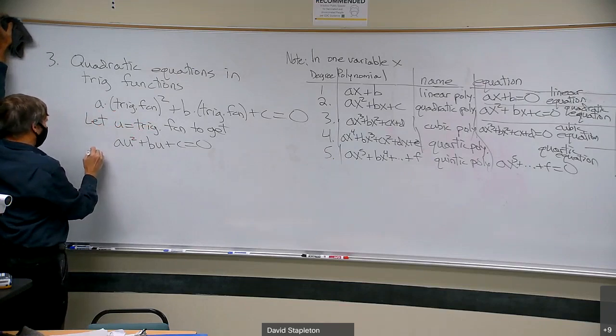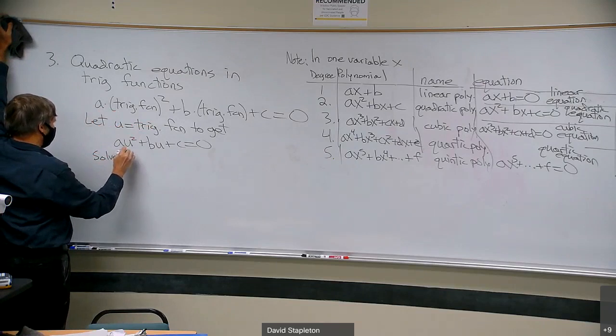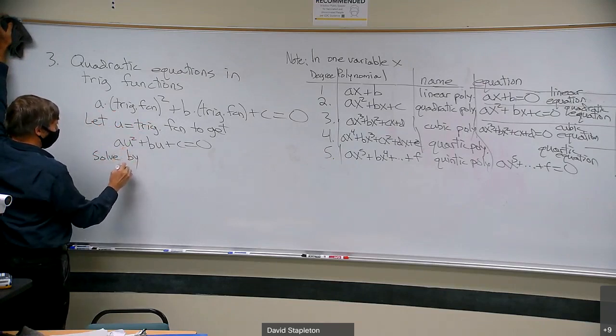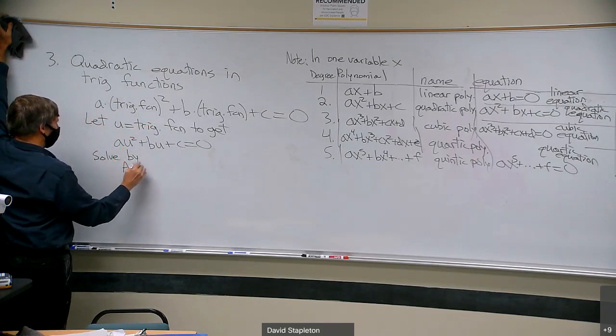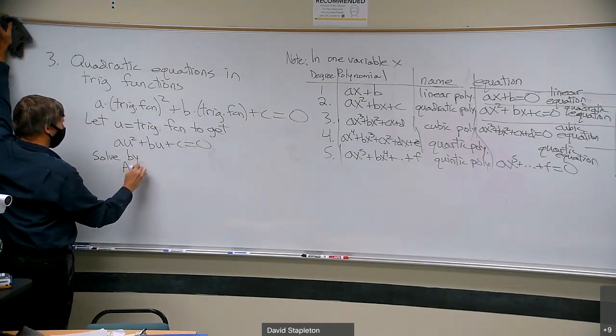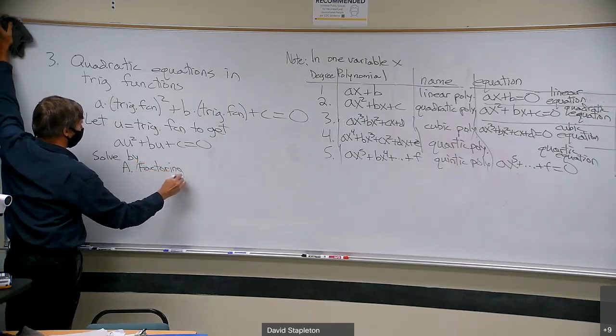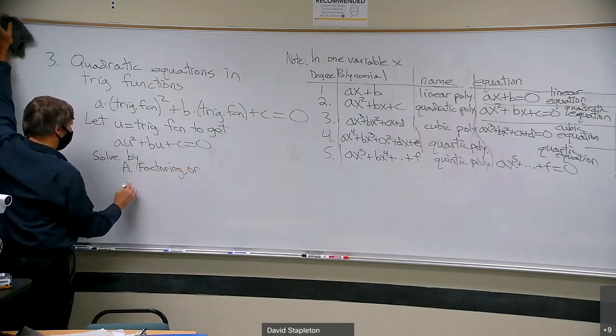This can be solved another way also. Sometimes the fastest way to solve it is by factoring. That often works, and when it does work, it's usually faster. Or B, we can solve it by the quadratic formula.